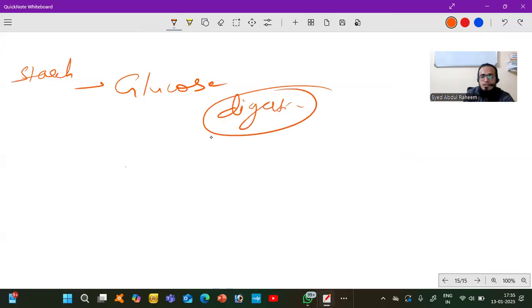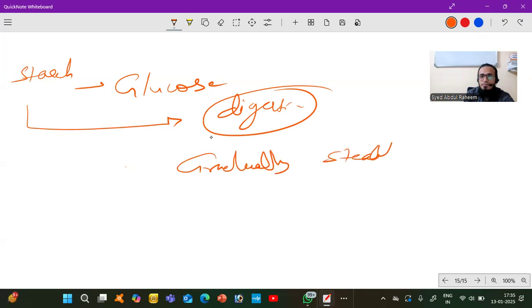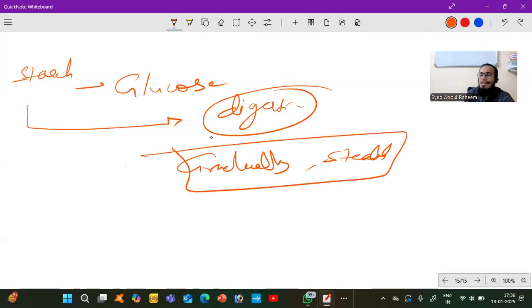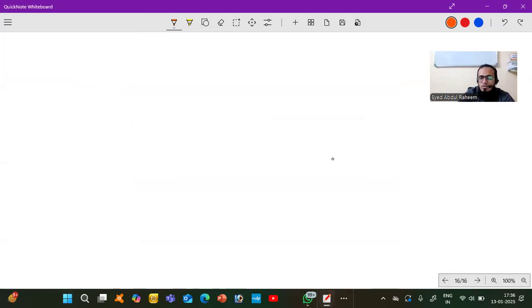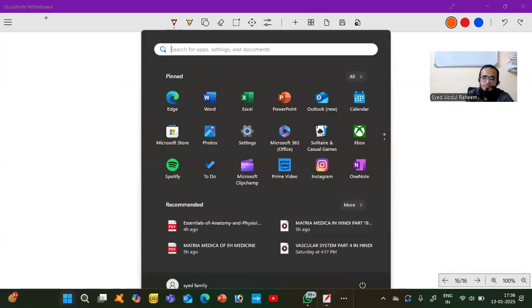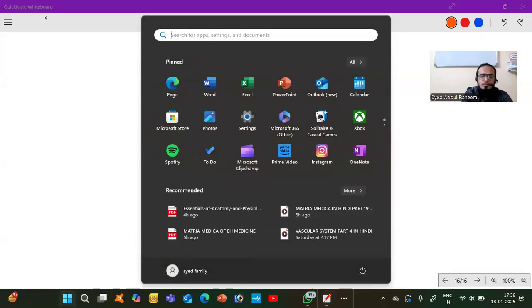But it will not convert suddenly, it will convert gradually and steadily. That means your energy system will work gradually, constantly, continuously. Understood this? Starch.